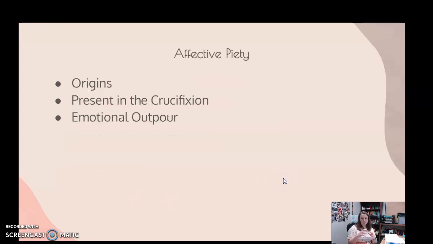A subculture of this movement is affective piety, and it has its origins in this push of recognizing Christ as a sufferer, and the atonement doctrine that people were really grasping onto tightly now. But they really focus in on being present at the crucifixion and having all the very strong emotions.